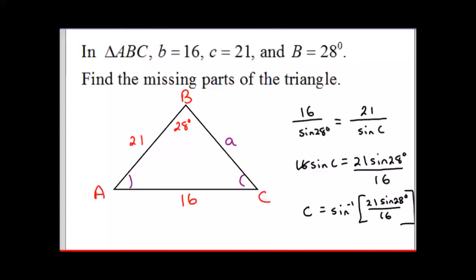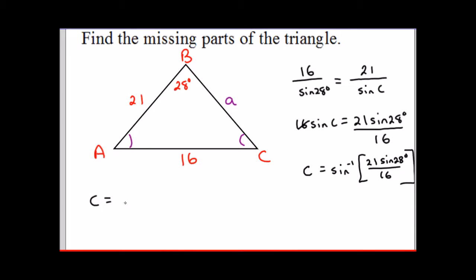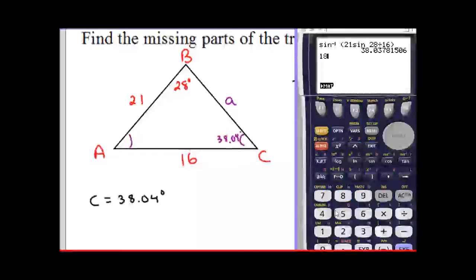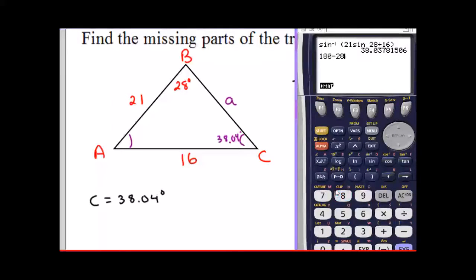So let's write that down. We just found out that angle C is 38.04 degrees. Okay, now, all three angles have to add to 180. So if this angle's 38.04 degrees, then to find angle A, I take 180 minus 28 minus 38.04.